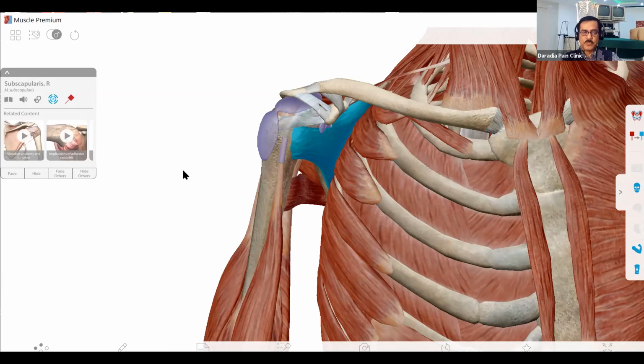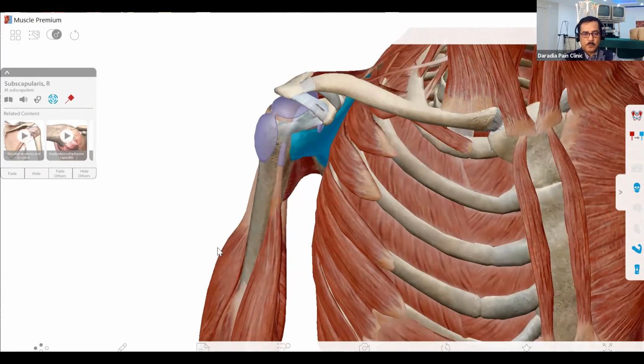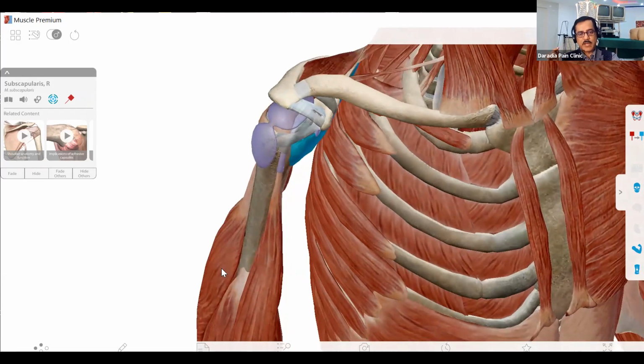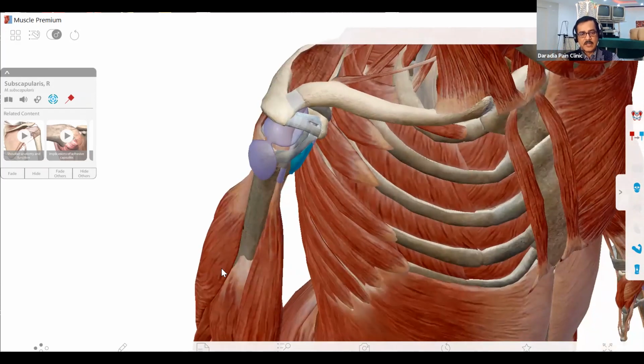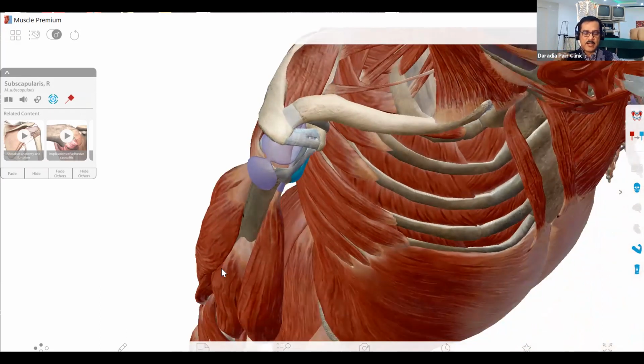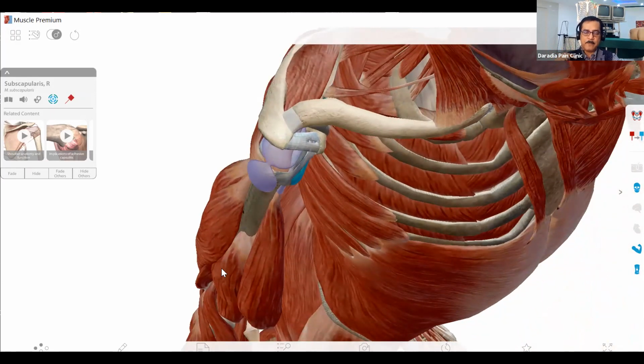So this is from anterior. Then from top we are having supraspinatus. It is inserted at the greater tuberosity, and its action is abduction, mid part of the abduction, and external rotation. Nerve supply is suprascapular, and it is supplying the supraspinatus muscle as well as the infraspinatus.